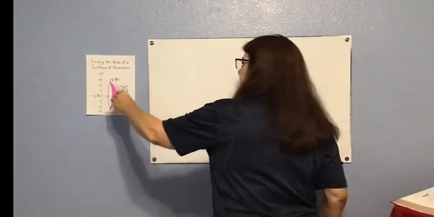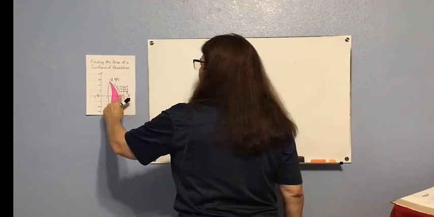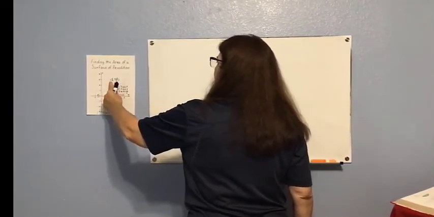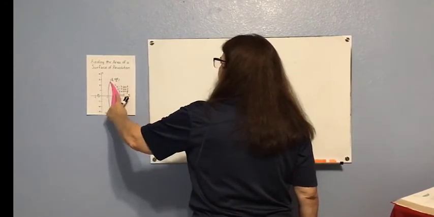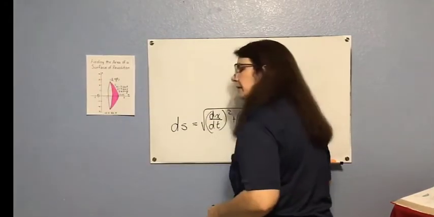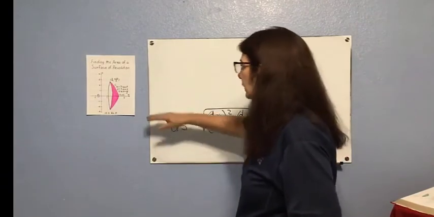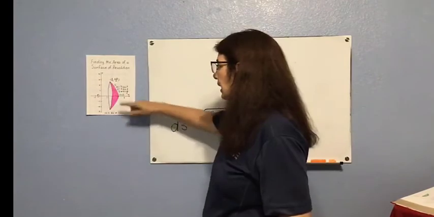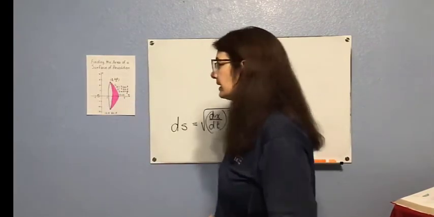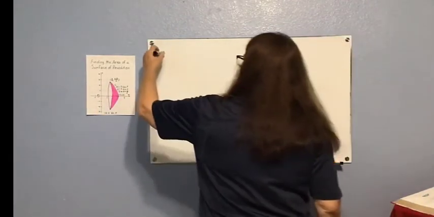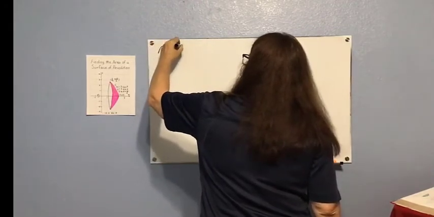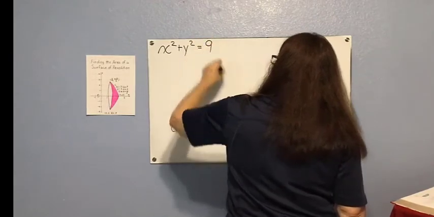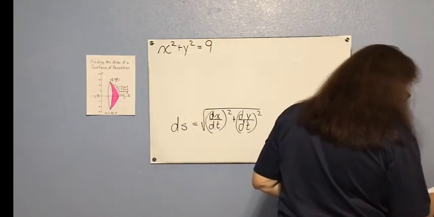Okay, so in this picture, we've got an arc really from just 3, 0 up to 3 over 2 and 3 square root of 3 over 2. This is part of a circle with radius 3, and it goes from just here to here, so not even a quarter of a circle. And we're going to rotate it around the x-axis. So the rectangular equation of the circle is x squared plus y squared equals 9.